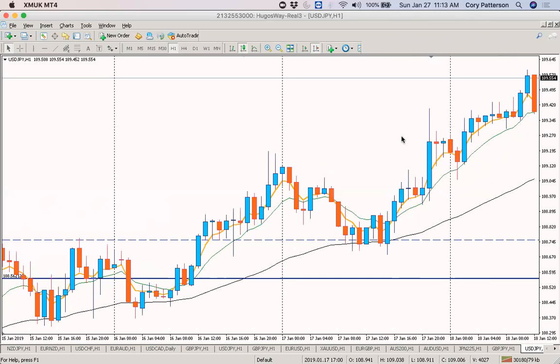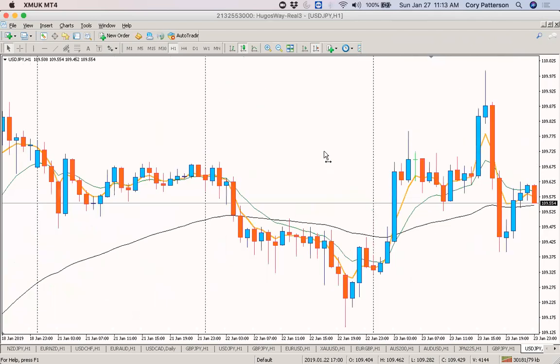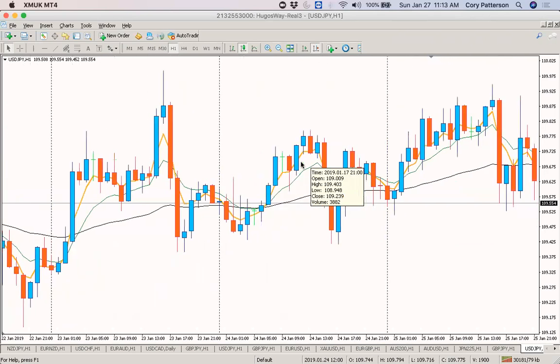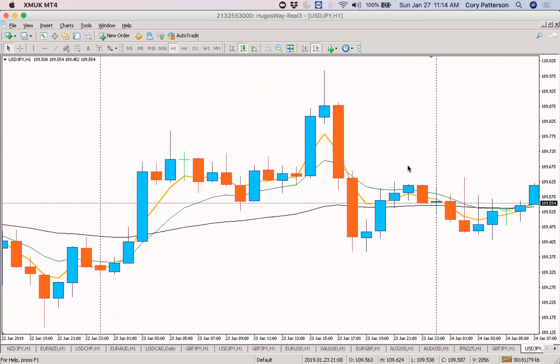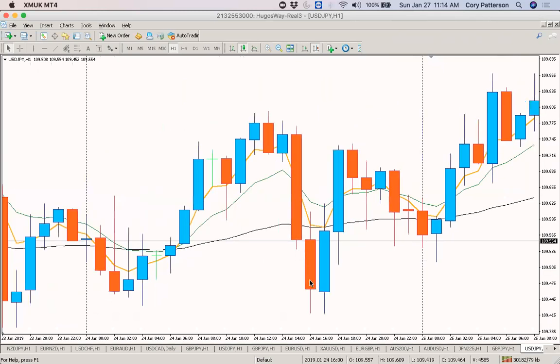The same goes for the red candles, but in reverse. Let me find a really good one, like this one right here. This works in the opposite way.